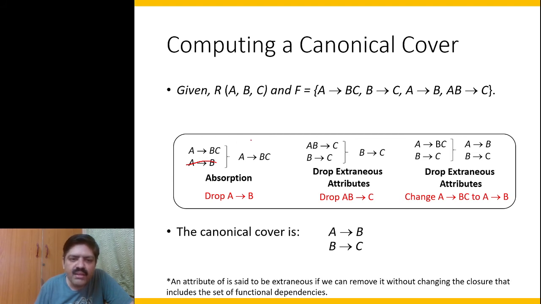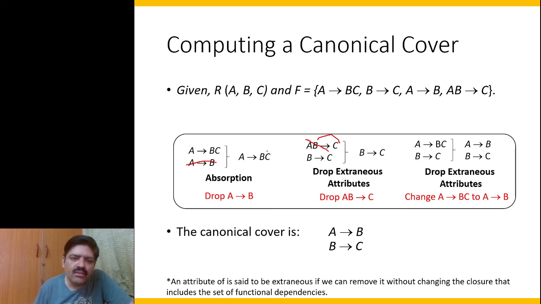So if AB determines C and B determines C, B already determines C. So in that case, adding any attribute to the left would also determine C. That is quite obvious. So we don't need those extraneous attributes in the functional dependency. So B determines C is sufficient.